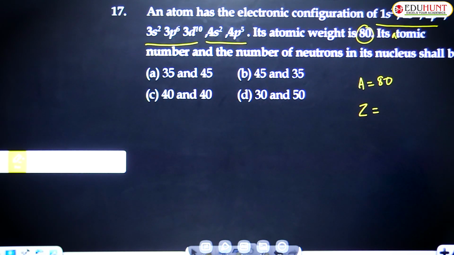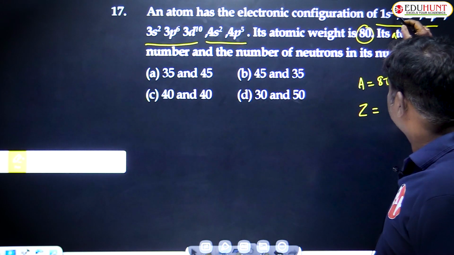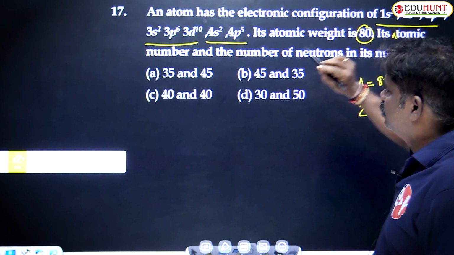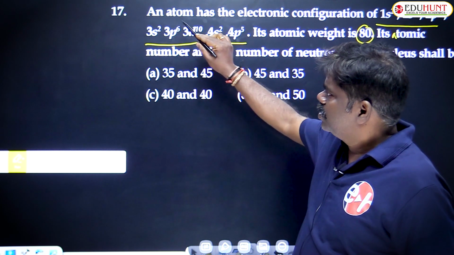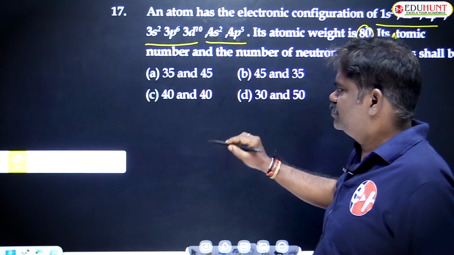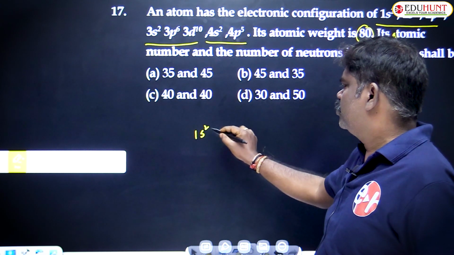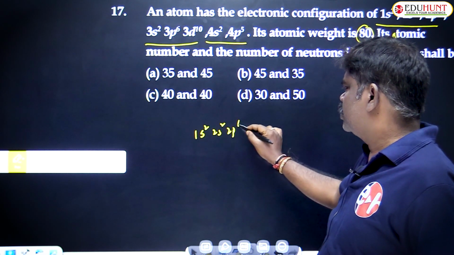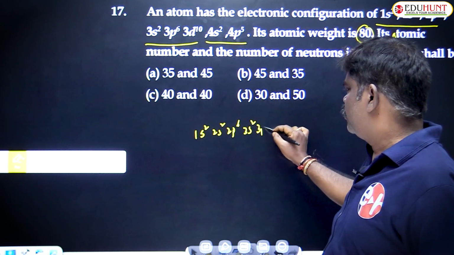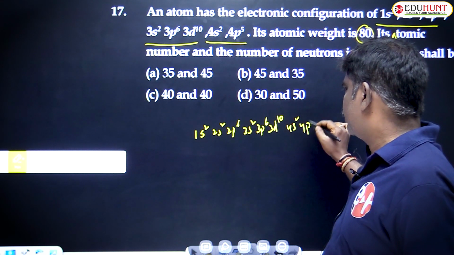Atomic number means total number of electrons present in atom. Count electrons: 2, 4, 6, 10, 12, 18, 28, 30, 35. So here total number of electrons in atom: 1s2, 2s2, 2p6, 3s2, 3p6, 3d10, 4s2, 4p5.